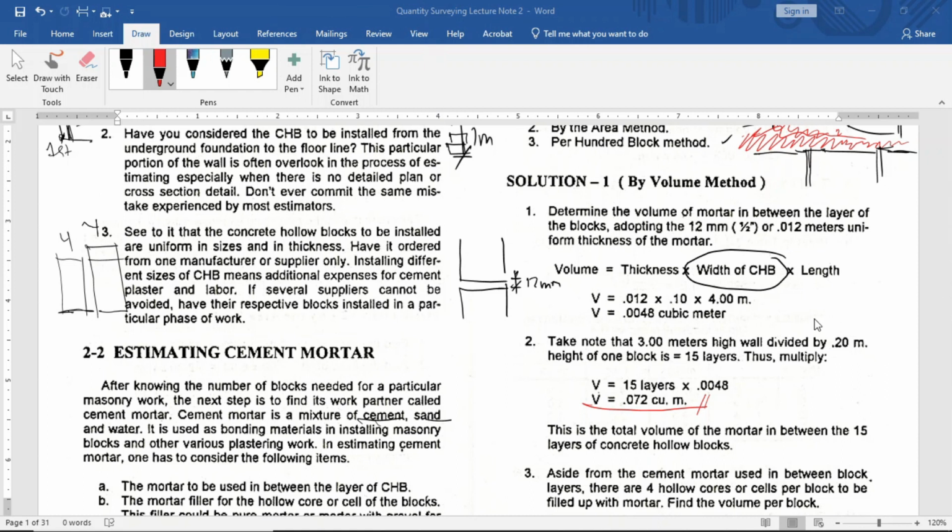So, para mas ma-visualize nyo kung paano ba yung pag-ano nito. Kung ito yung hollow block natin na 4 meters, 4 meters yan.